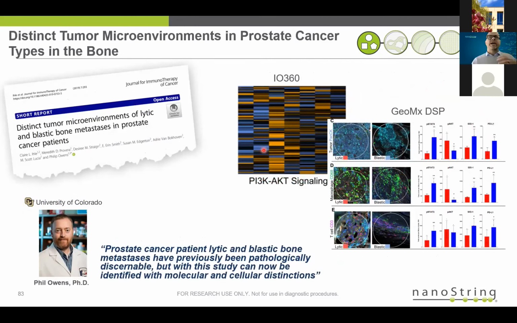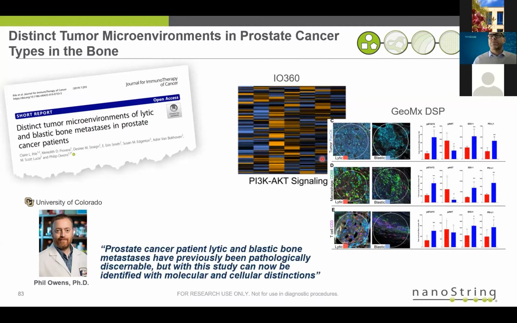Also, I wanted to bring out some quick examples of, I think, difficult tissue types. This is a group out of the University of Colorado, Phil Owen's group, which was looking at prostate cancer and had lytic and blastic bone metastasis.